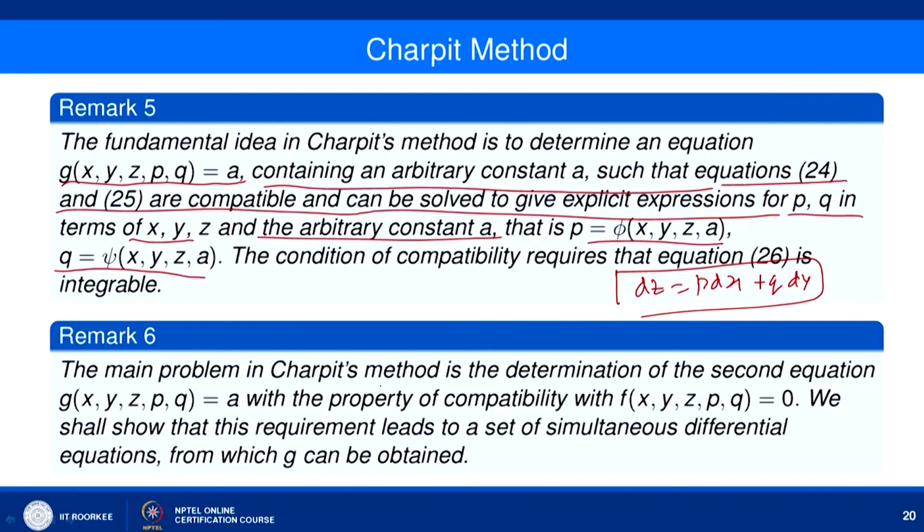So, the main problem in Charpit method is the determination of the second equation g(x, y, z, p, q) equal to a having the property that it is compatible with f(x, y, z, p, q) equal to 0. We will show that g and f are compatible, which will give you an idea how to find this equation g.